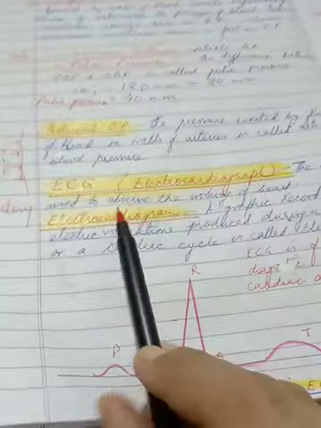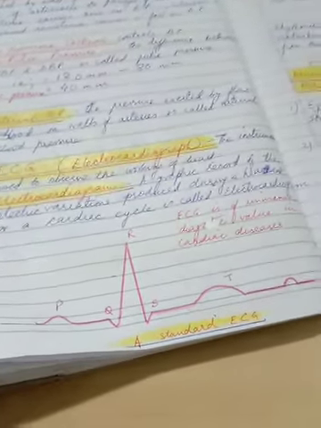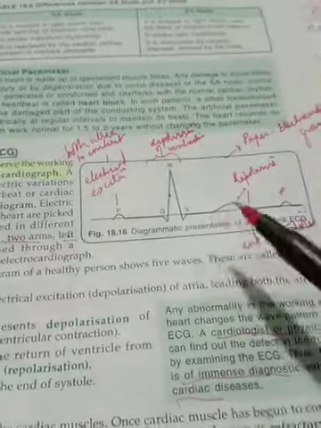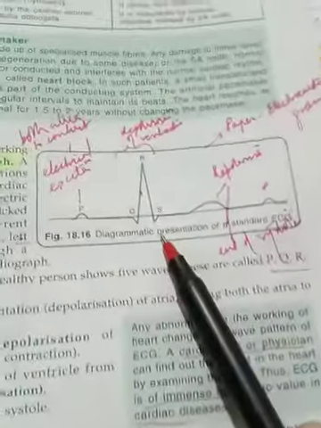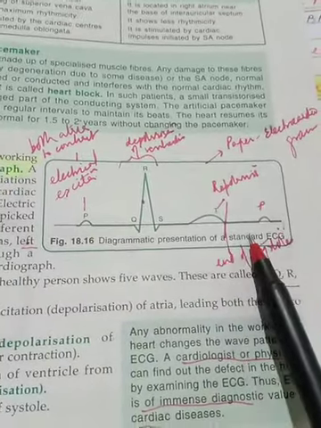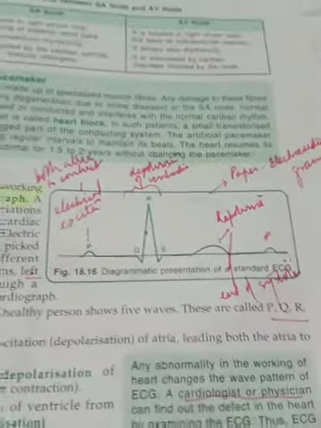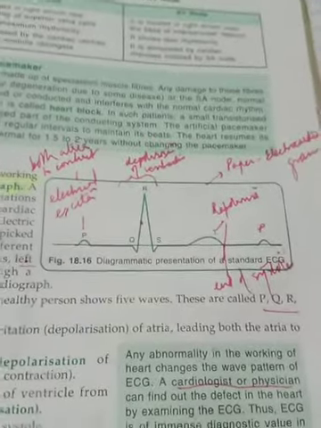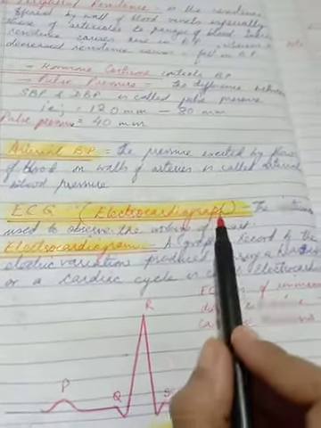Moving further to another new topic called ECG. Let me first show you ECG. I'm sure you've seen this, the graphical record of the heartbeat or the electrical variations whenever a person goes for the heart checkup. So what is ECG? The abbreviation means electrocardiograph.